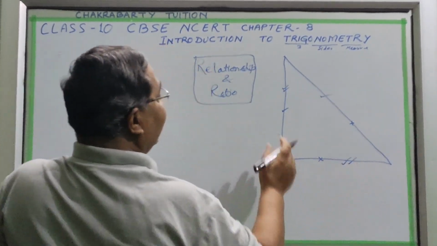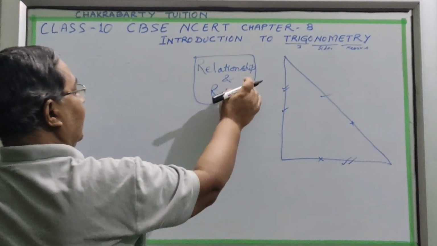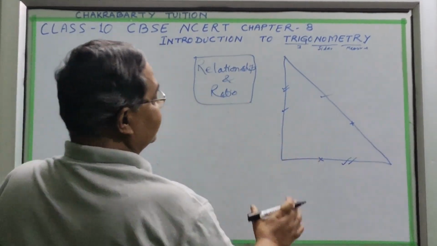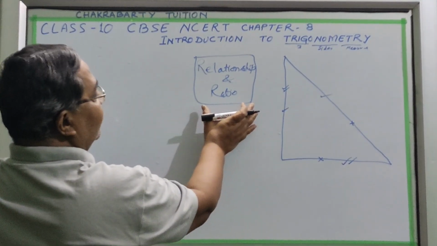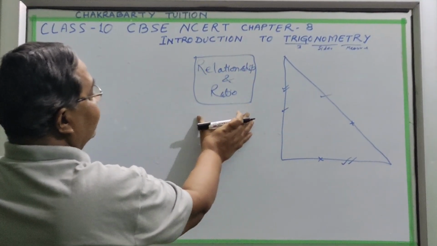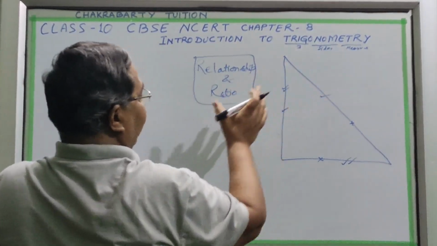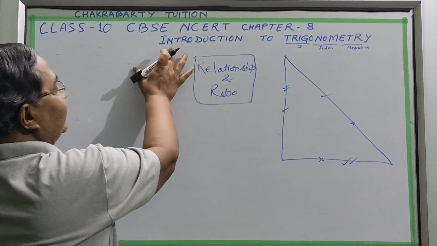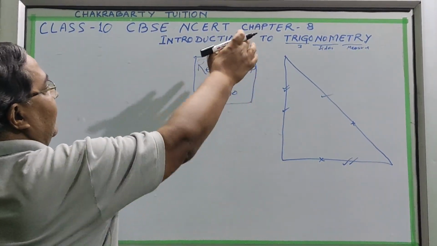Likewise, between any two lines, if you want to know a relationship, a ratio is given to measure that. So we will understand here what ratios are discussed in trigonometry. It is basic only, and the basics we will understand in this chapter 8.